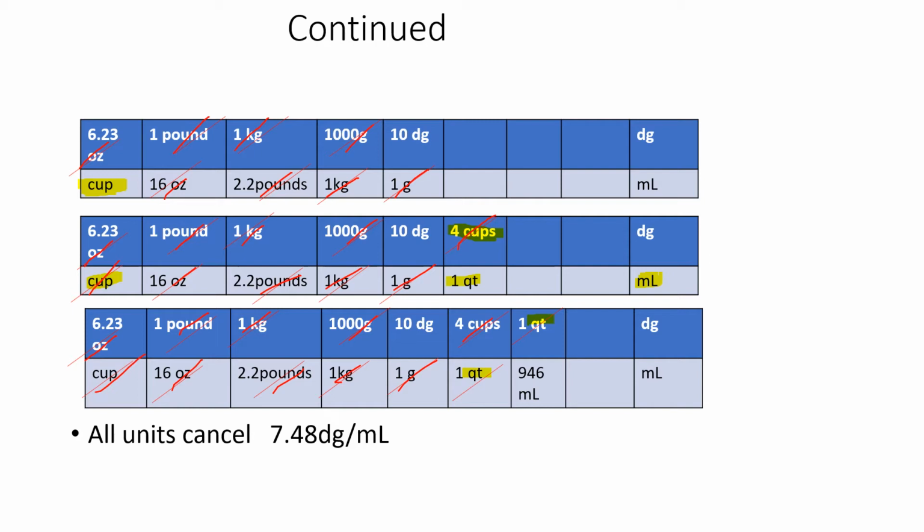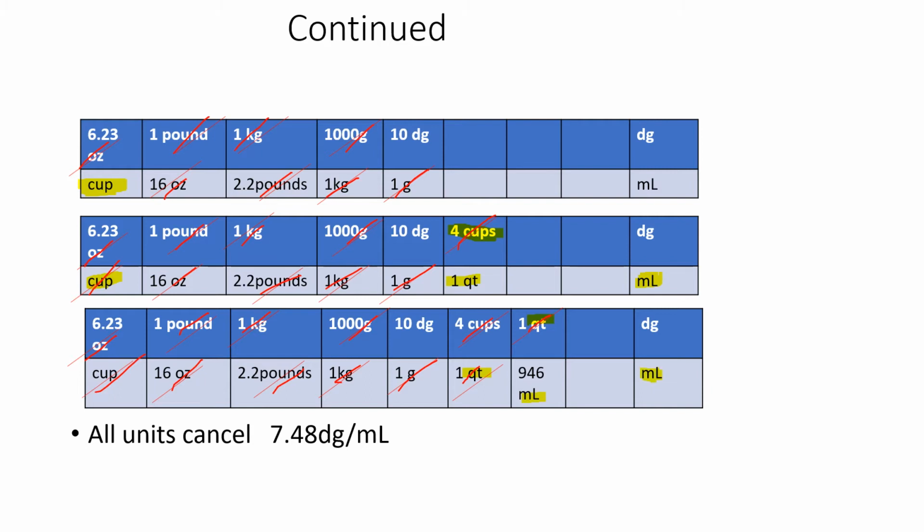That way they cancel with the quarts in the denominator. So I'm going to put the 1 quart of that conversion in the numerator and the milliliters in the denominator. That's going to allow our quarts to cancel. Quarts have now canceled. What do we have left? Well, we have left what we want to have left: milliliters. That matches our goal.